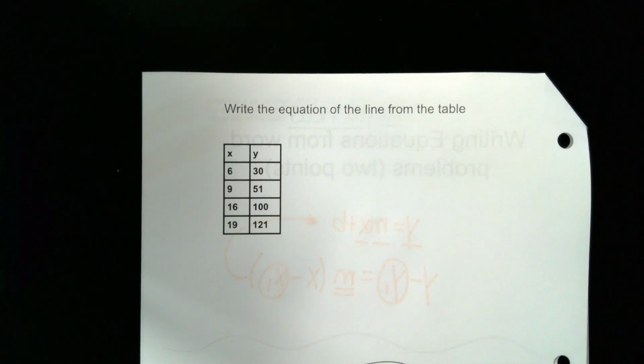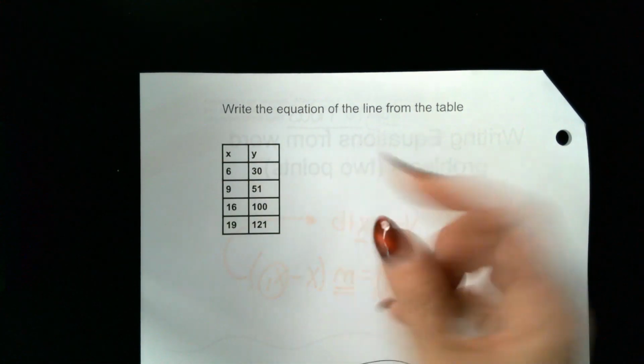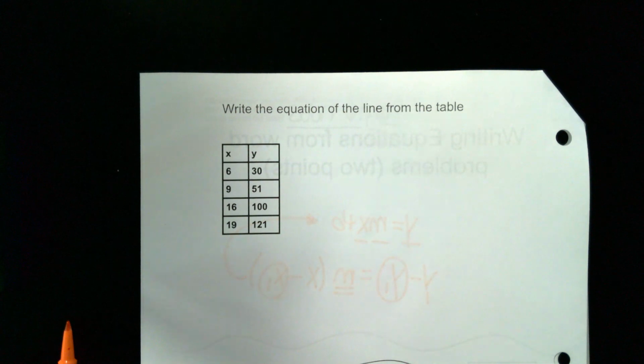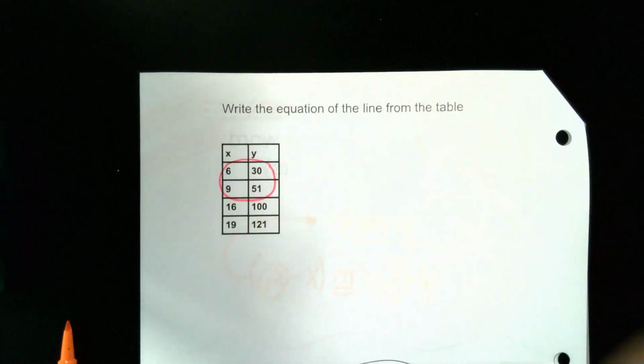If you've ever made a T-chart like this, which trust me, you have at some point in your life, the x's up here are always smaller than these. So I like to stick to the top two, just to stay consistent. So I'm going to use these two ordered pairs to find my slope.